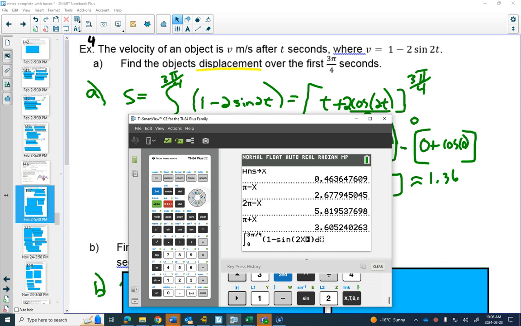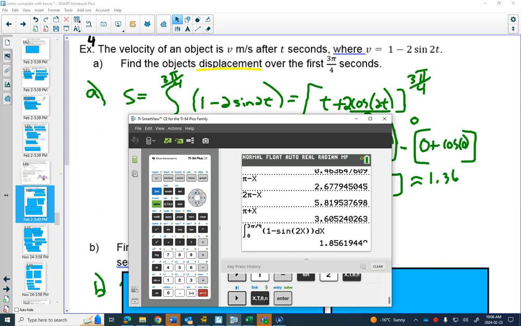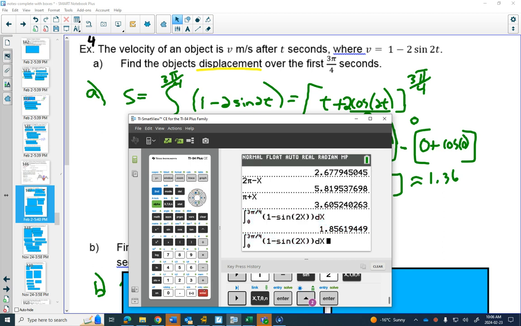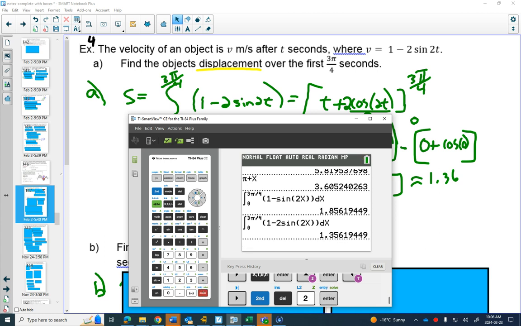So my calculator is in radians here, so things are good that way. With regards to x, 1.85, did I type? Oh, I forgot the 2. With newer calculators, if you screw up like that, you know you can just highlight something so that it comes up again. And you have your insert button right here, so you don't have to retype everything. So hopefully you know those things already. There we go.